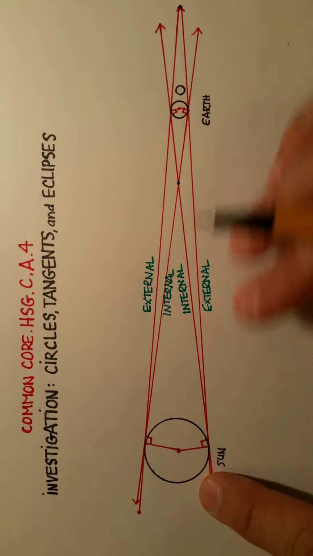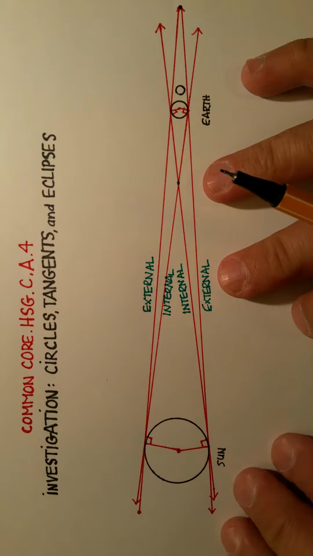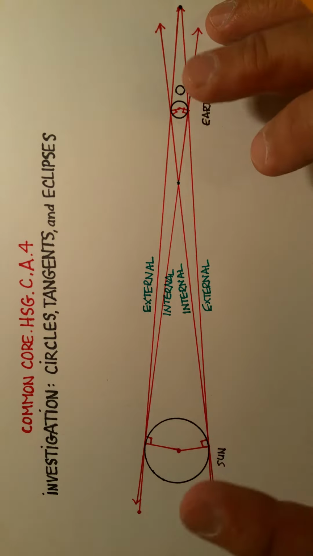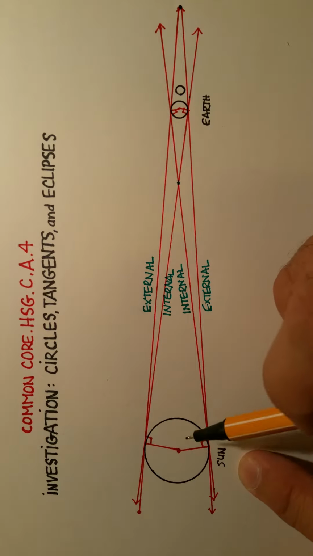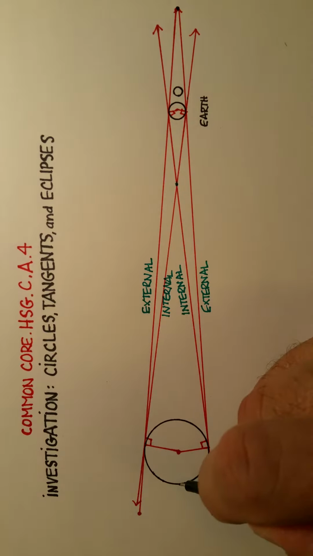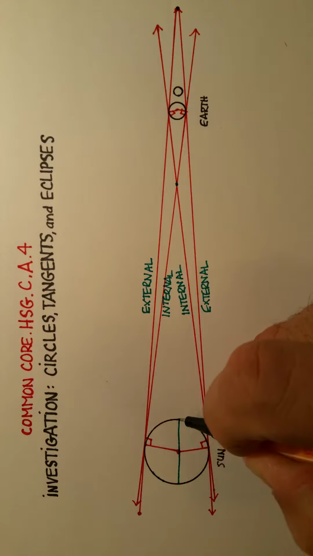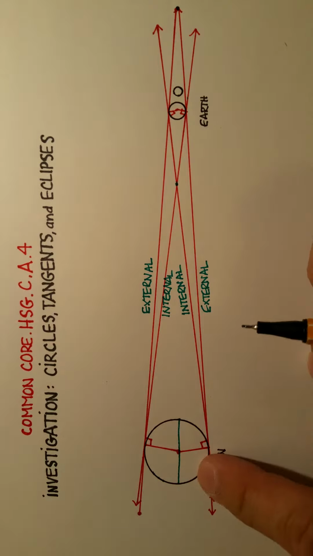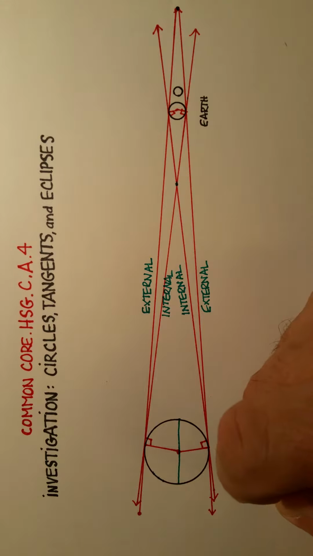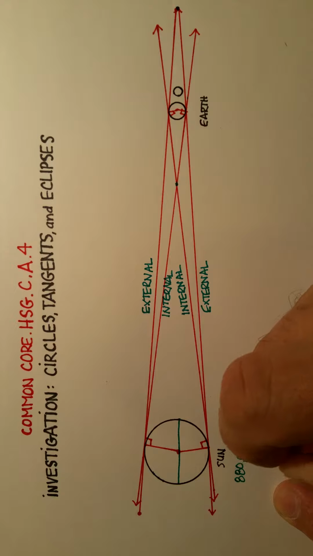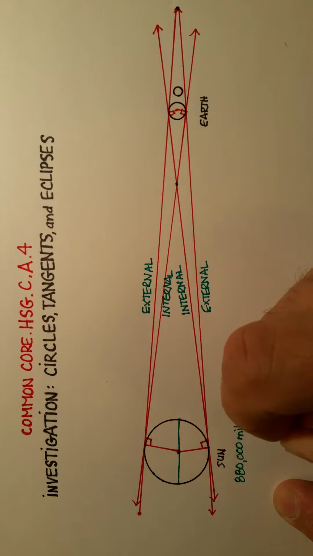Let's talk a little bit more about this particular diagram, okay? Now, this diagram is deceptive. We know, for example, that the diameter of the sun, remember that the diameter just goes straight across the center point, is approximately 880,000 miles.